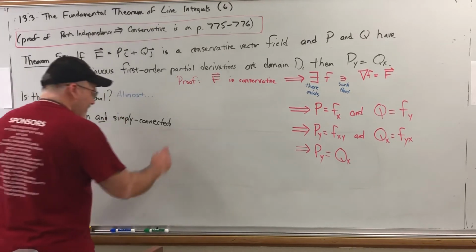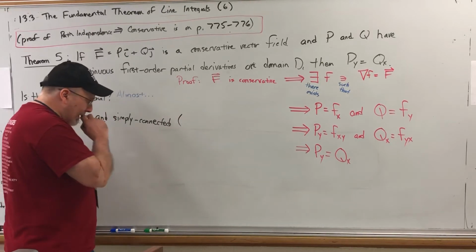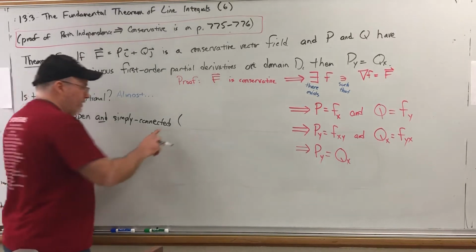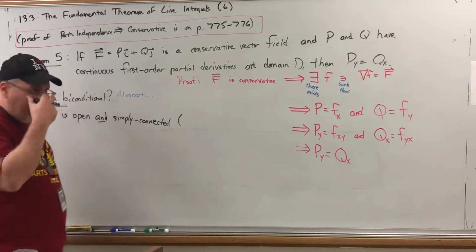Simply connected means, I know how to say it, I just want to see if there's a more intuitive way to say it. Simply connected not only refers to paths, but closed paths.